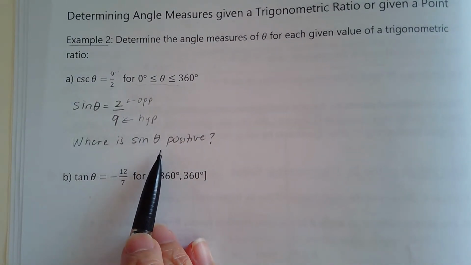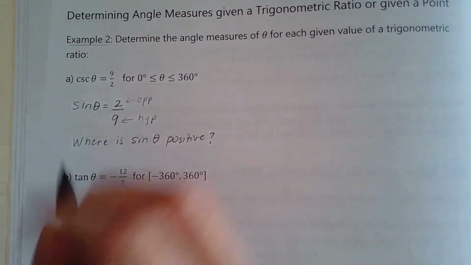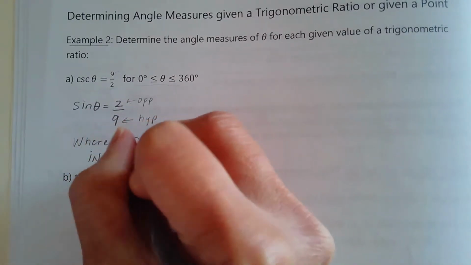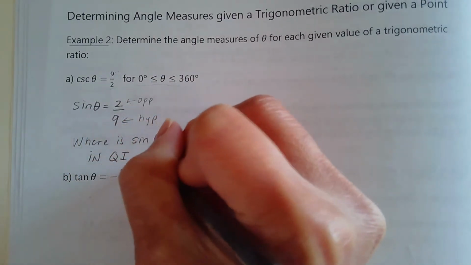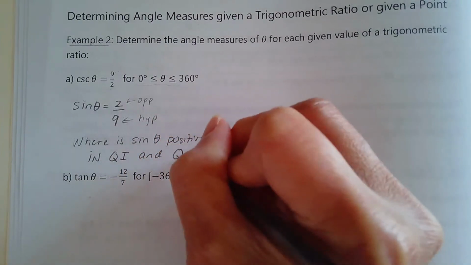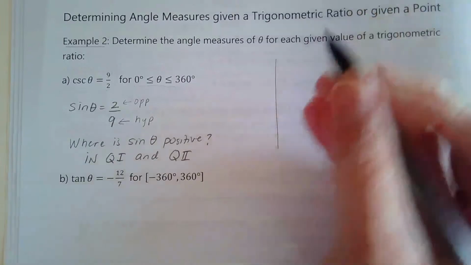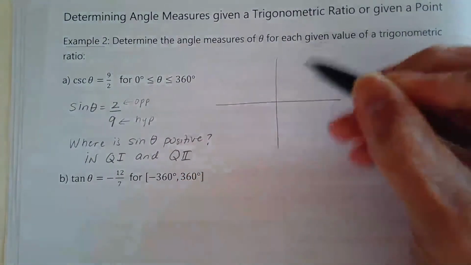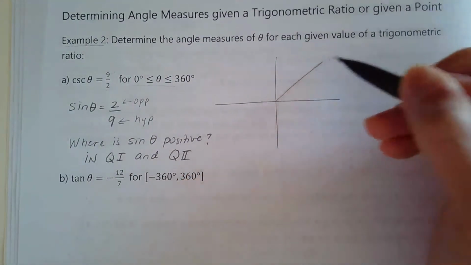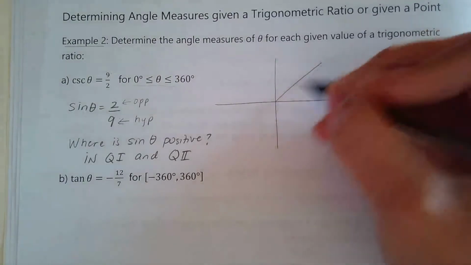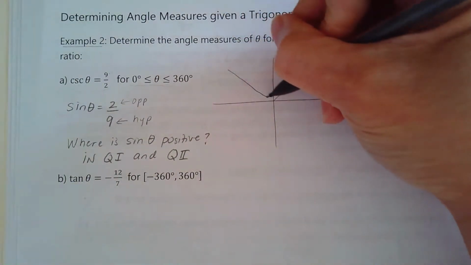It's positive in quadrant 1 and quadrant 2. So let's draw it out. So sine is positive in quadrant 1 and quadrant 2.